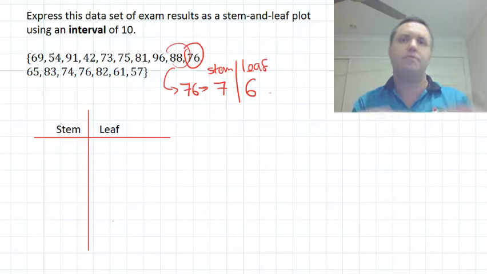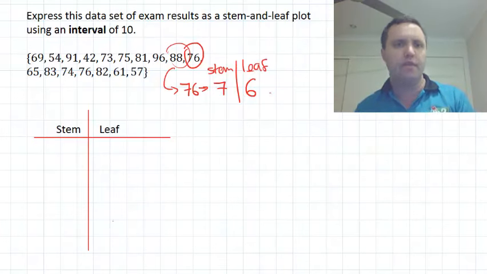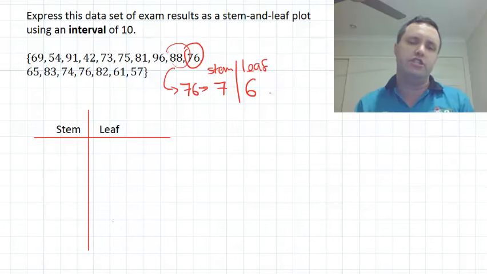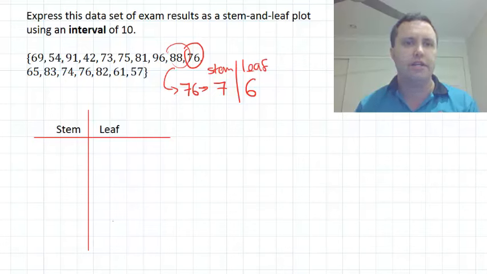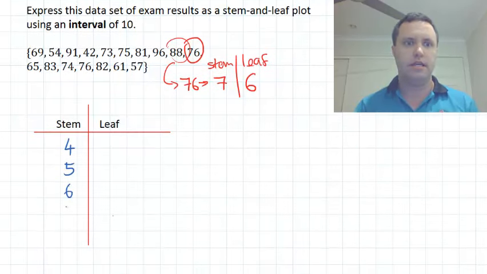First part of the number, second part of the number. If you've got more digits, it just changes where you're going to break the stem from the leaf. We start in the 40s, so we don't need to go any lower than that, and we've got an interval of 10, which means we're going to have our 40s, our 50s, 60, 70, 80, 90.